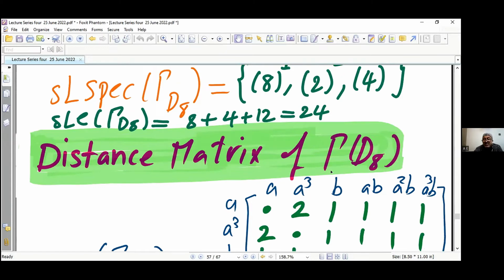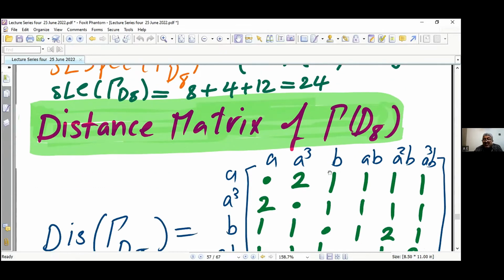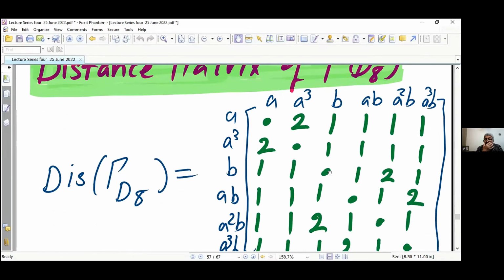The distance matrix of this graph. For example, in the first column, the distance between A and A is 0 because we don't have any loop.